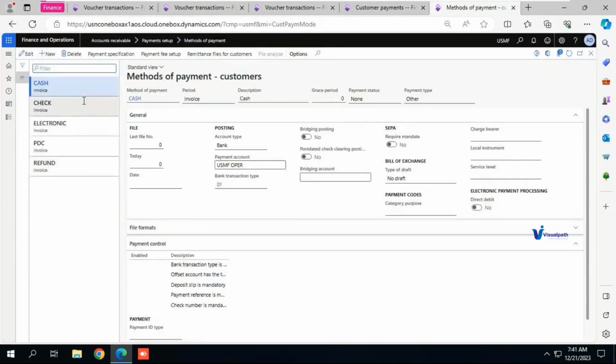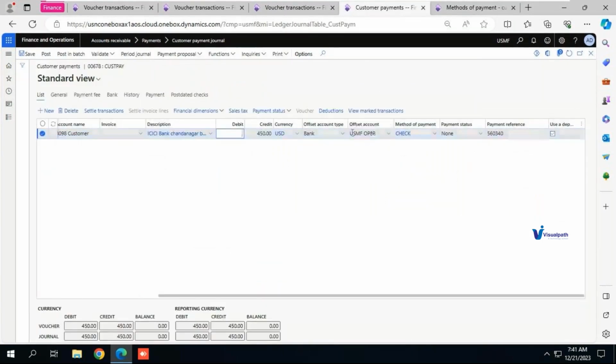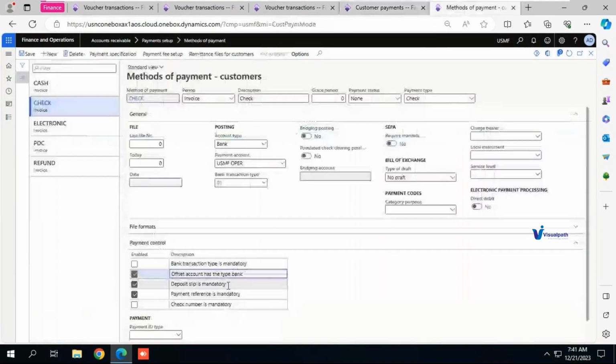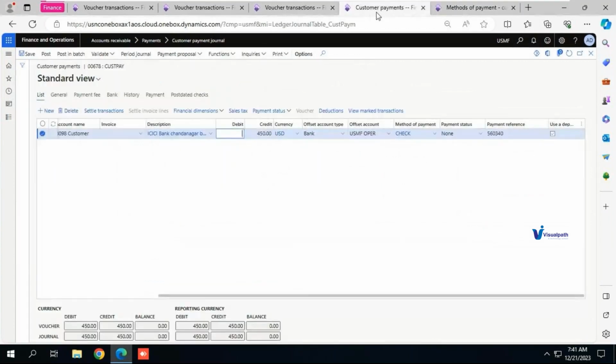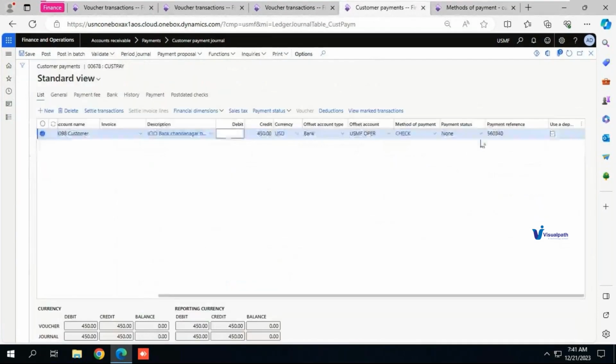For the check method of payment, I have made a setup. Offset account type is bank, so the offset account is bank. Next, deposit slip is mandatory, so I am enabling deposit slip. And then payment reference number, which means check number.